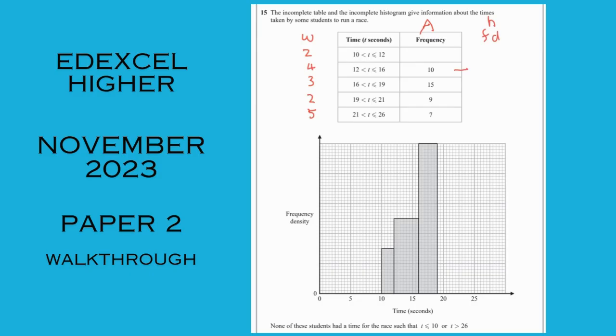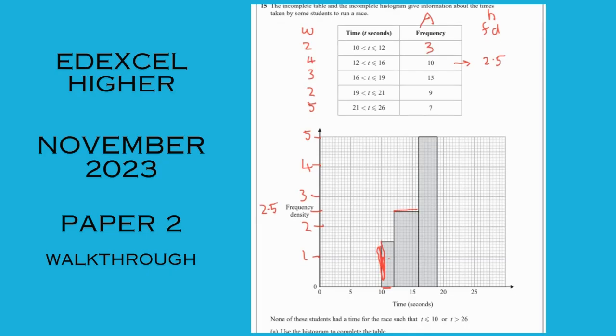So let's do this bar. 10 divided by 4 means 2.5, and that's this bar here. So if that's 2.5, it then tells us the scale of the y-axis. Let's now look at this first bar. It has a width of 2, a height of 1.5. Multiply them, we get the 3 that we can fill in.